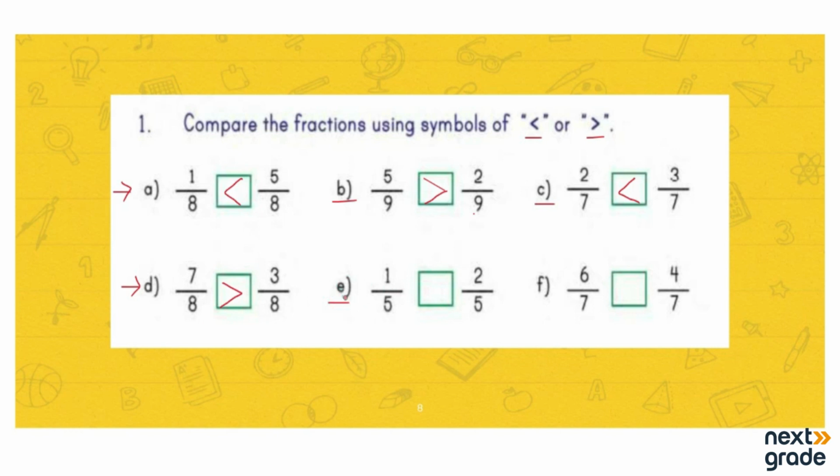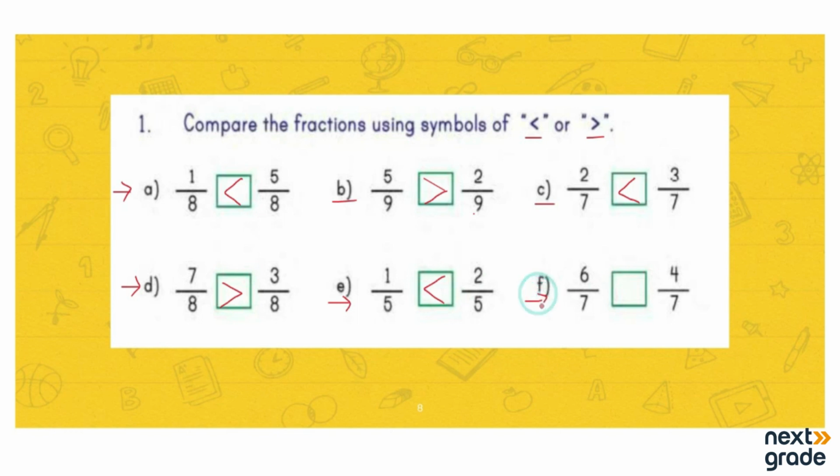Next E example, and that is 1/5 and 2/5. In this we can see the denominators are the same but the numerators they are different, and 1 is smaller than 2, so we are going to put this sign which indicates that the closed one is the smaller one. So this is the smaller one, that is 1/5, and 2/5 is the greater one.